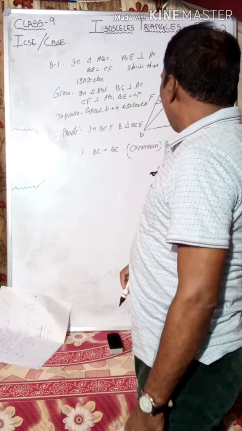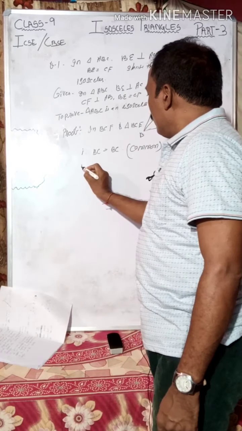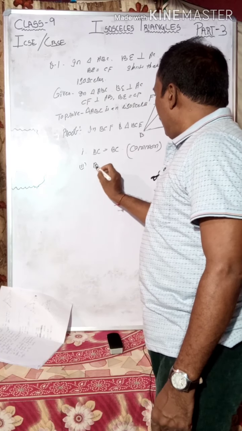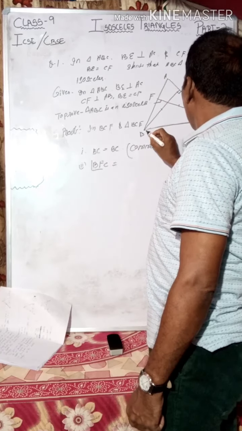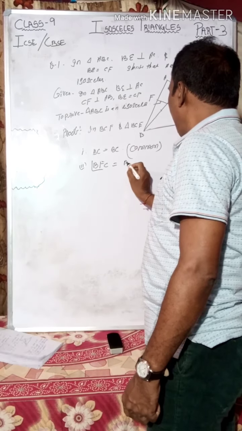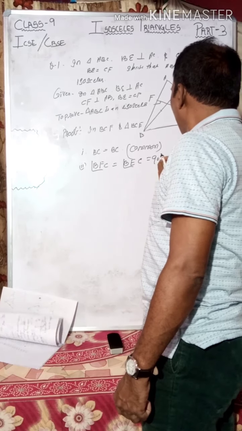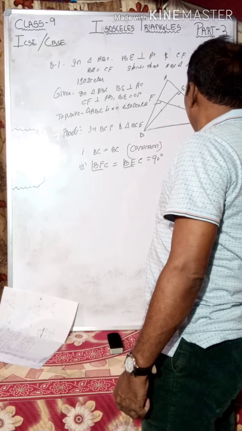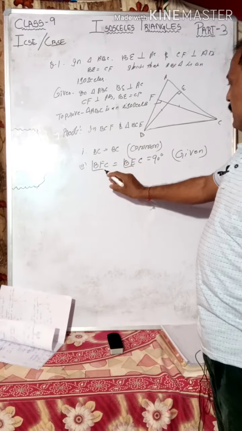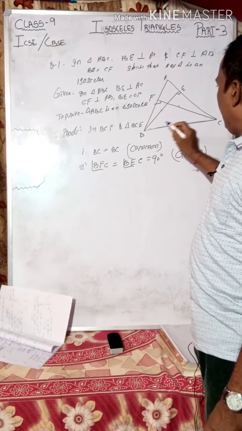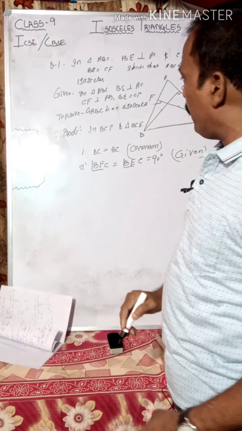Then number two, angle BFC is equal to angle BEC, that is equal to 90 degrees. Why? This is given, since they are perpendiculars.